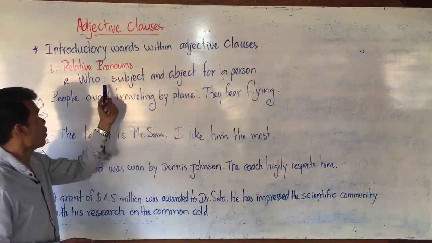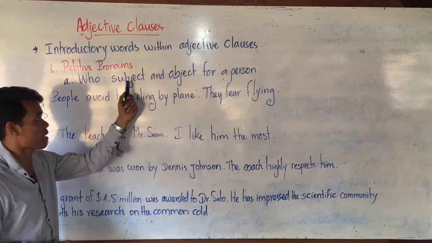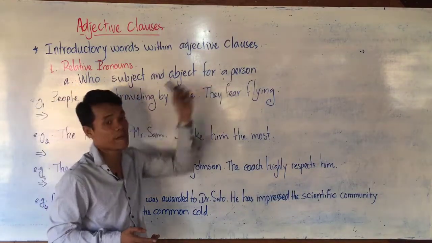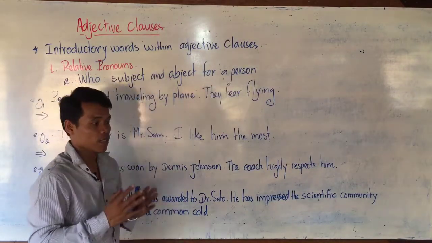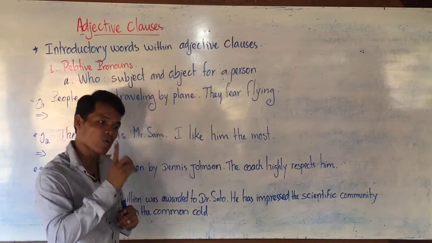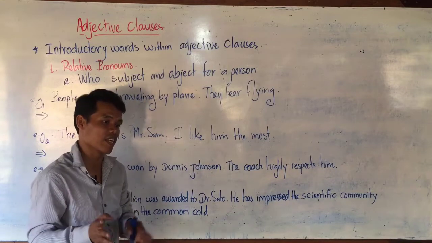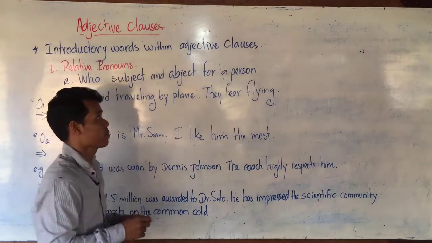Bear in mind that who functions as a subject and object, and it is used for a person. So who is used for only a person, not for a thing or animal.